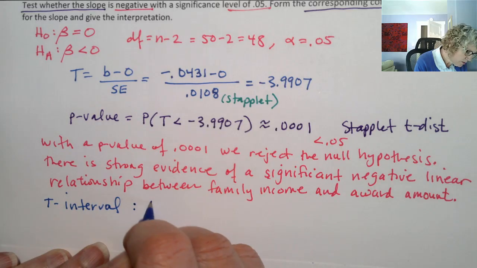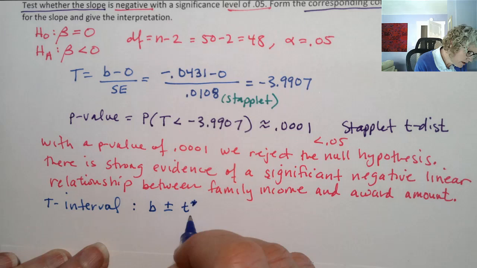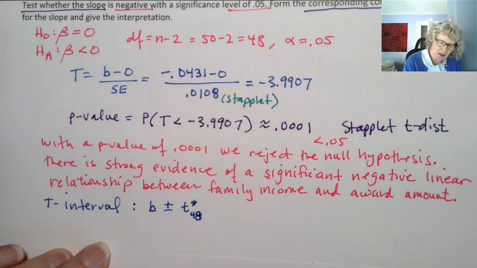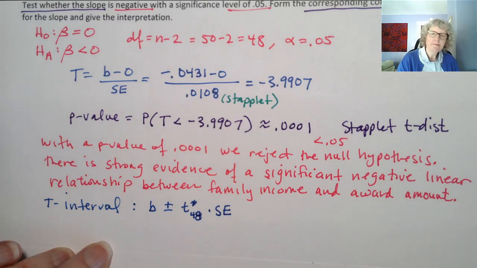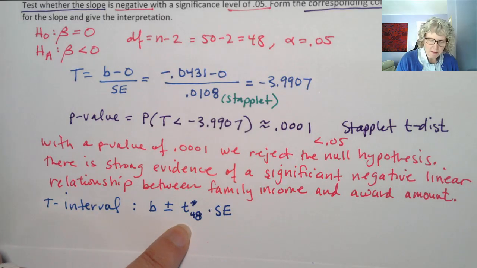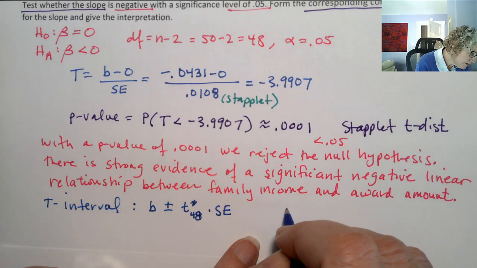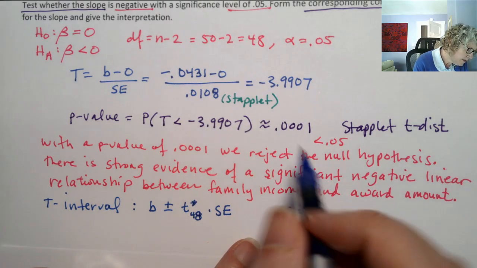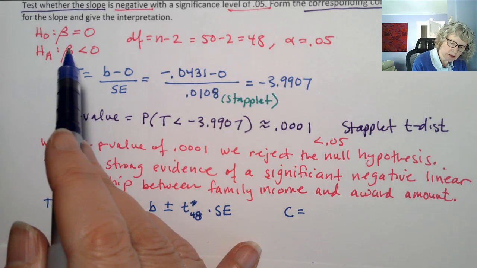T interval is going to be b plus or minus t star, and I'll put 48, oops, not 44, put 48 down here, times the standard error, okay? But we know to find our t star, we need to know what confidence level that is. So I'm going to use that formula, C. This was a one-tail test, right? This is a left-tail test.